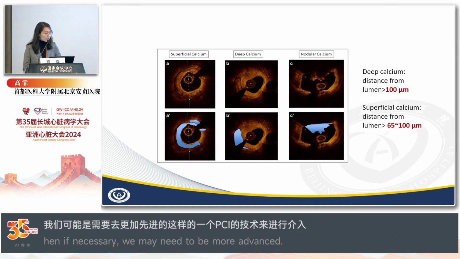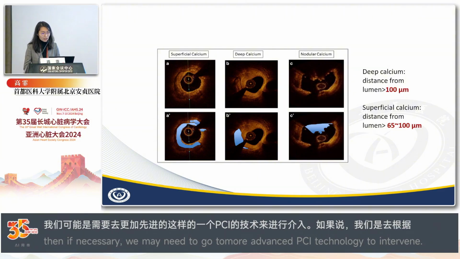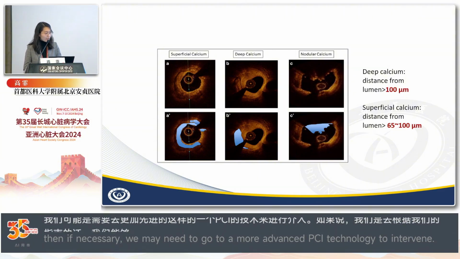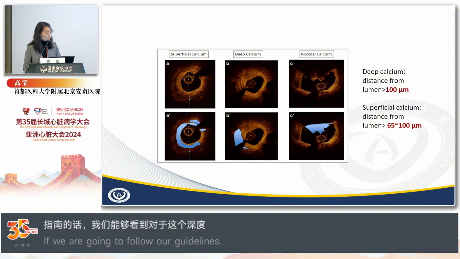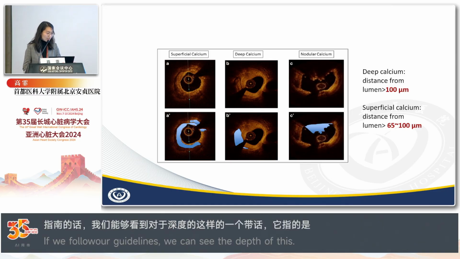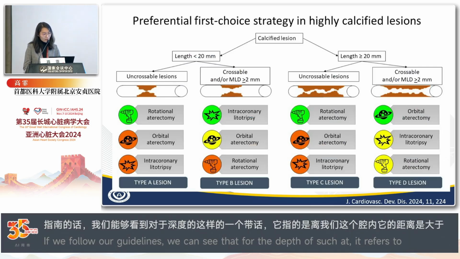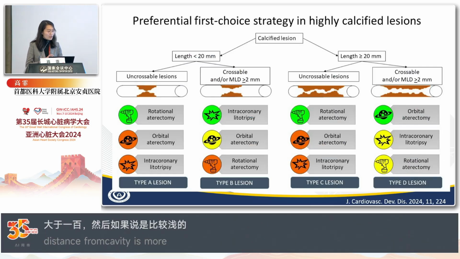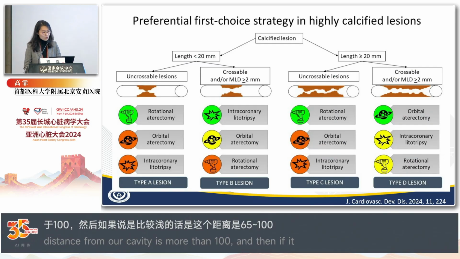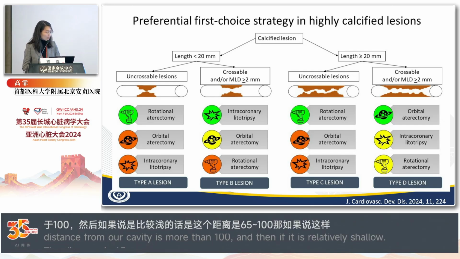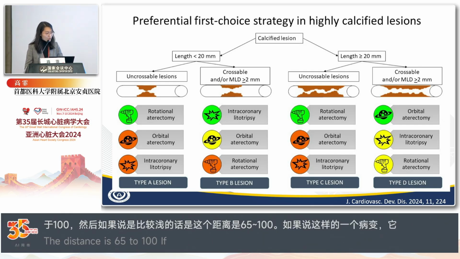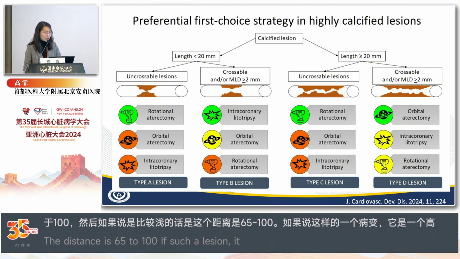If we choose OCT guidance, we can also measure the depth of calcification. If it's more than 5 millimeters in depth, we should consider atherectomy. And if the lesion cannot be crossed, in that case, we should use an active rotational atherectomy strategy to fully prepare the lesion.